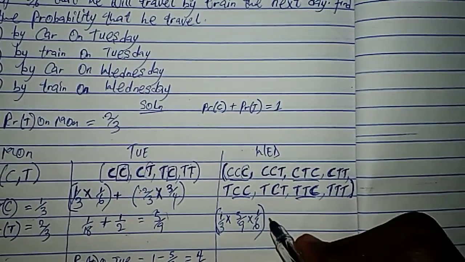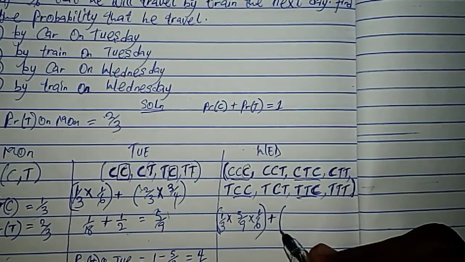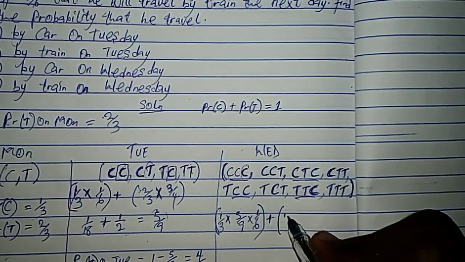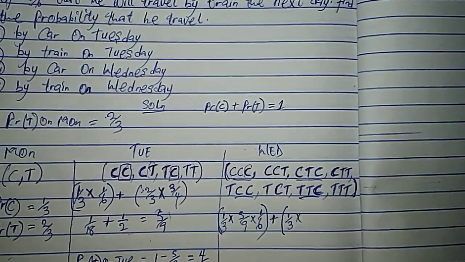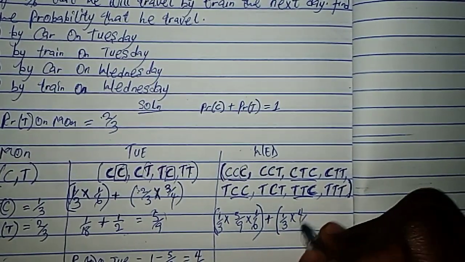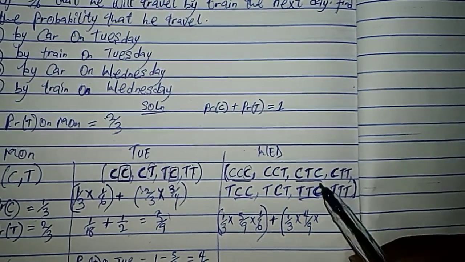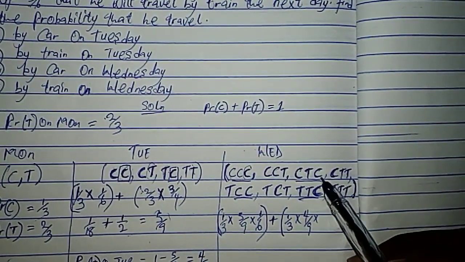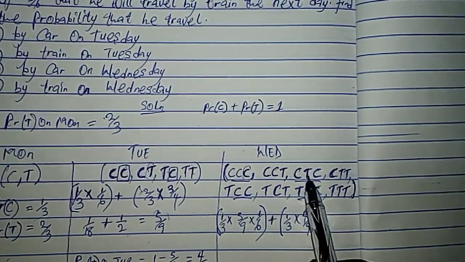Now, you know how it goes. This is plus. Probability of car on Monday would be 1/3 times probability of train on Tuesday, this is Tuesday, would be 4/9 times probability of car on Wednesday after traveling by train on Tuesday.